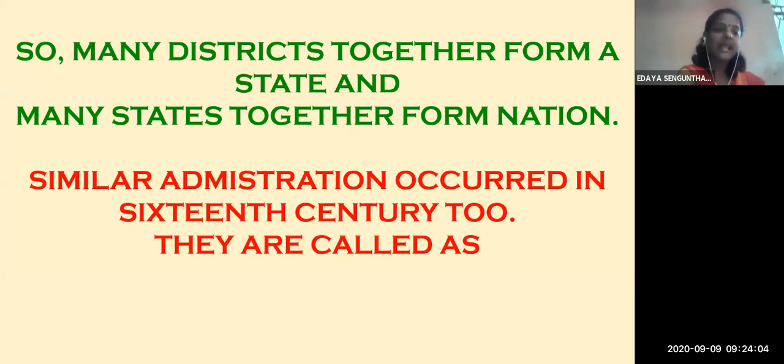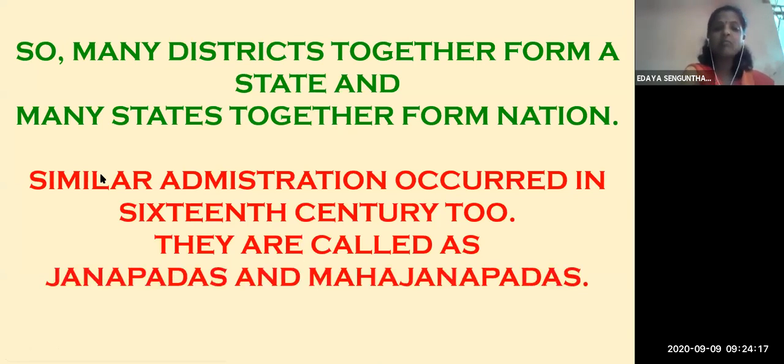What did they call a state or nation? In the 16th century, the administration was called Janapadas and Mahajanapadas. Can anybody say what Jana means in Hindi or in Sanskrit? Anybody can guess? Jana.